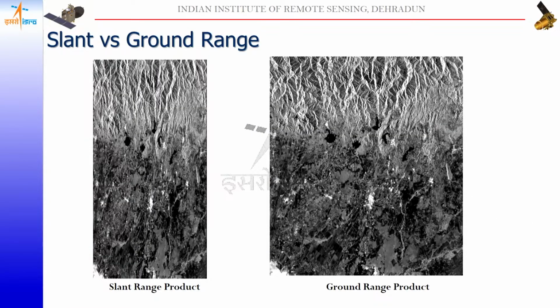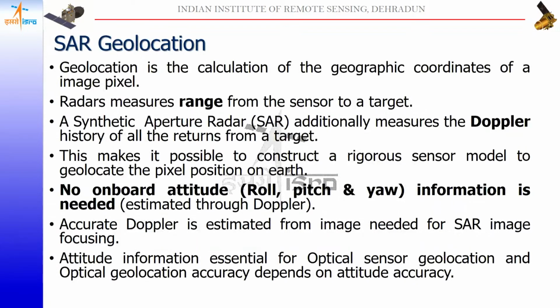Now as I told you, ground range is also not fully geometrically corrected. It is just a conversion from slant range to ground range by dividing by the factor of sine theta. But if we want to compare our SAR image with other sensors like optical or hyperspectral sensors, then we have to do proper geometrical correction and project onto the ground.